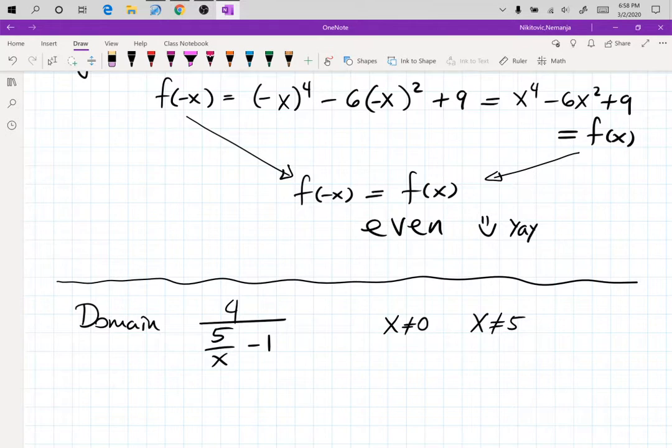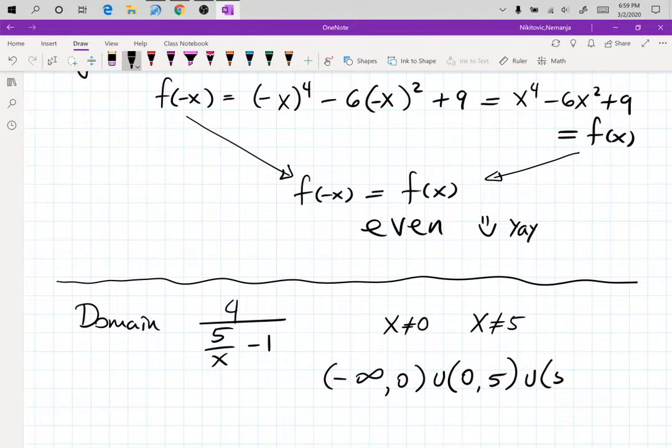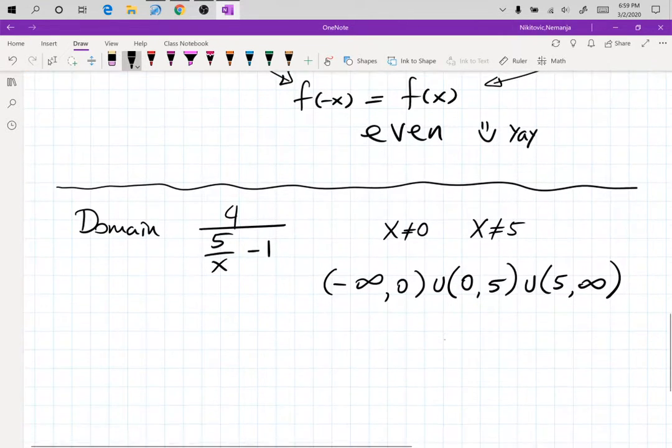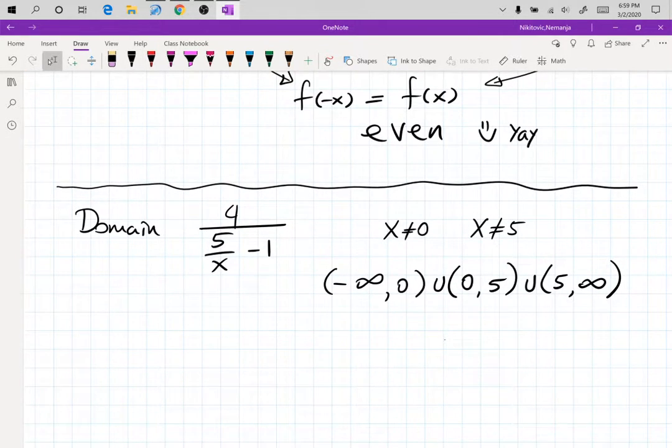All other values, right, are fine. So we will write the domain as negative infinity to 0, and then we'll kick out 0, go all the way to 5, kick out 5, and go all the way to infinity for this problem, because this is what we have.